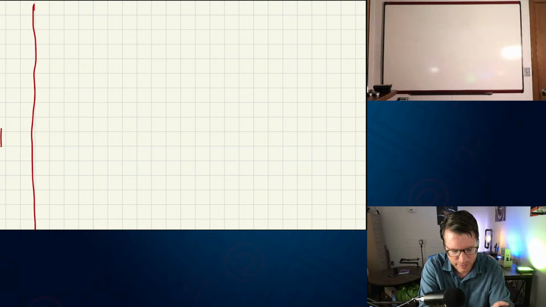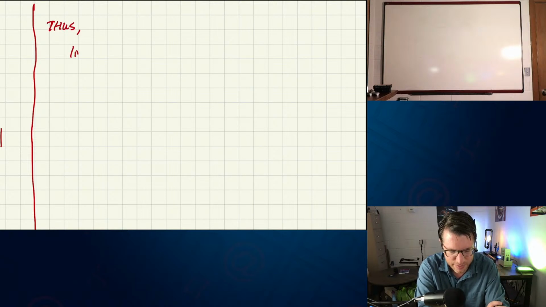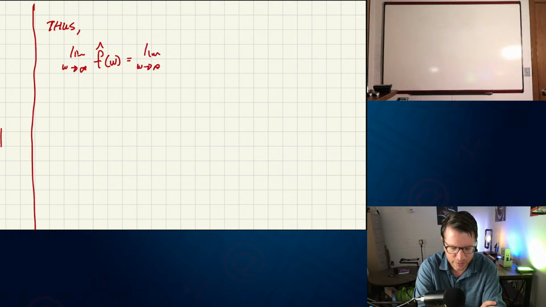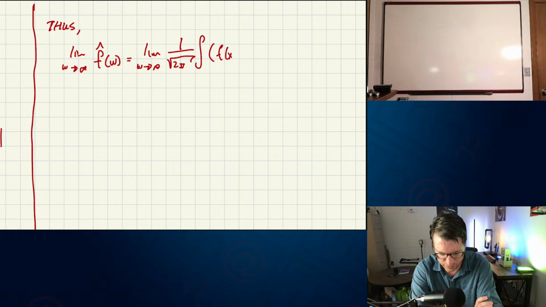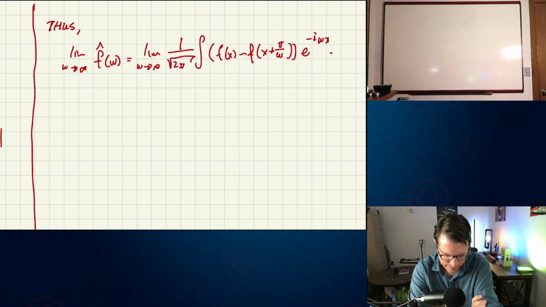So thus we have the limit as omega goes to infinity of f hat of omega is equal to the limit as omega goes to infinity of 1 over square root of 2 pi times the integral of f of x minus f of x plus pi over omega, e to the minus i omega x dx.